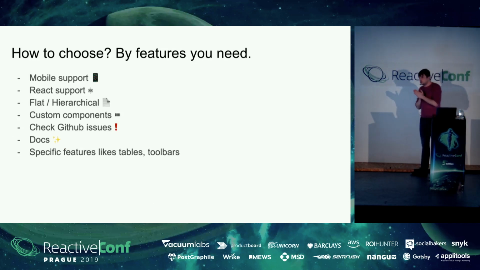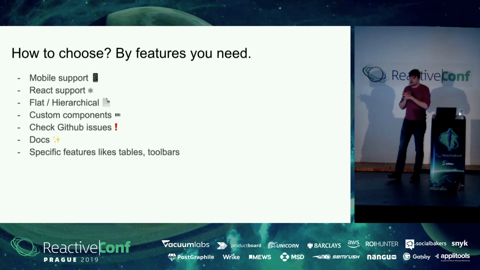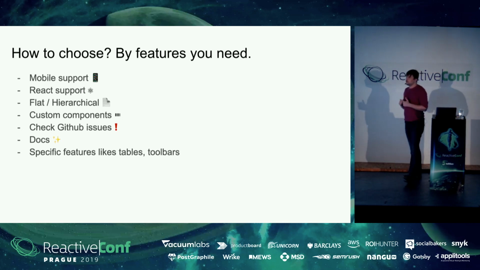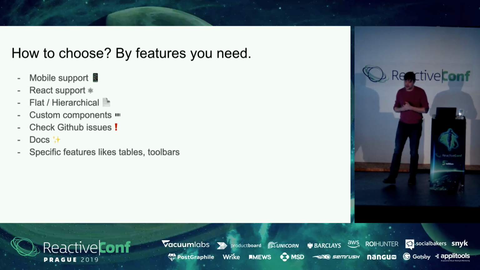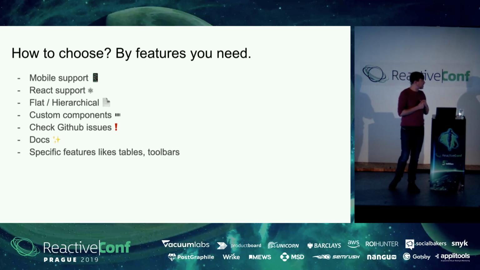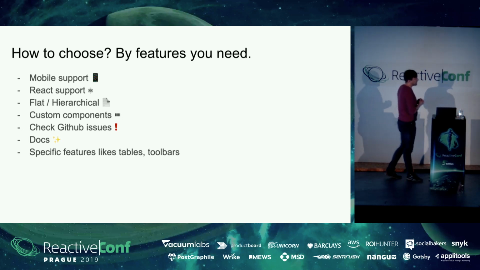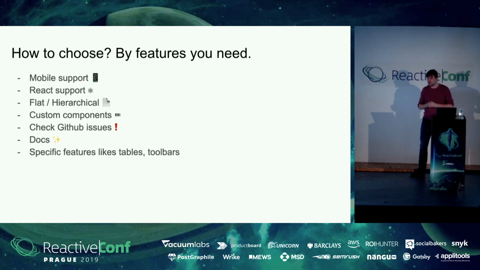So how to choose? By the features you need: mobile support, React support, a hierarchical or flat document model, custom components. Always check GitHub issues, because that's the source of truth. And also it depends on documentation.